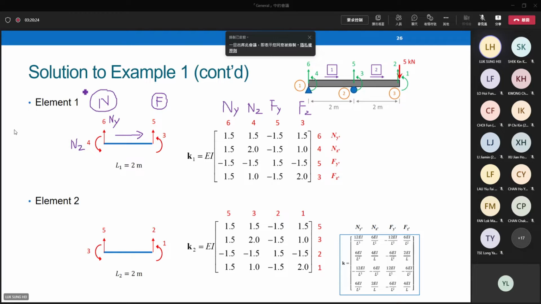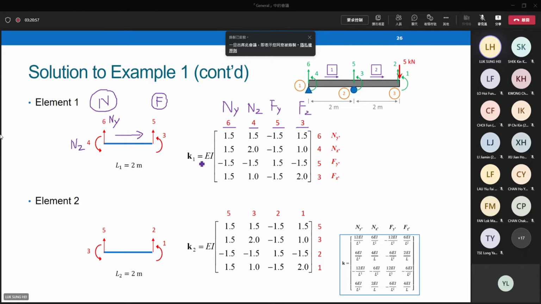Z direction means the rotation. 4. Then 5, 3. Actually, the code numbers are written on your picture, on the code number diagram. Nothing to remember. Just read the code number diagram defined by you, and then you can assign the order easily. 6, 4, 5, 3. Later on, it helps you to construct the structure stiffness matrix. You have to sort this matrix in ascending order with code numbers from 1 to 6.